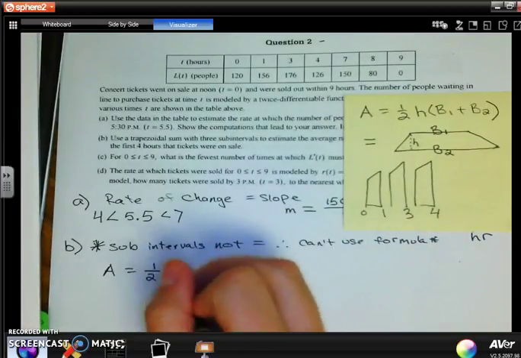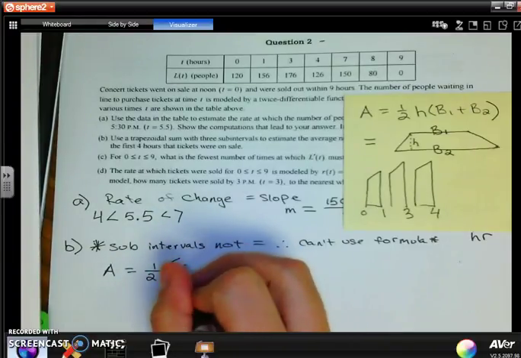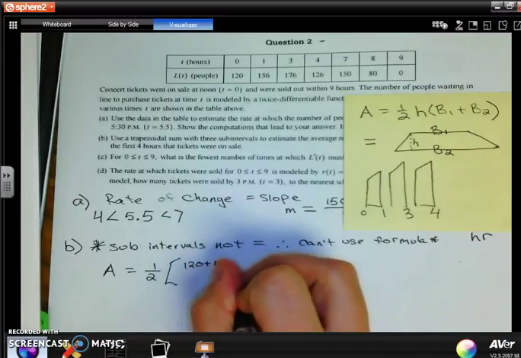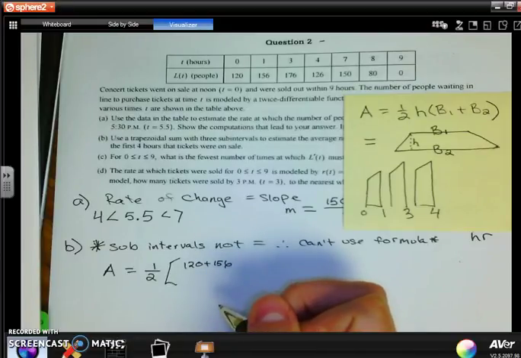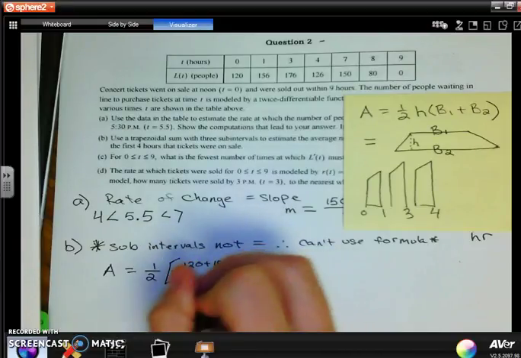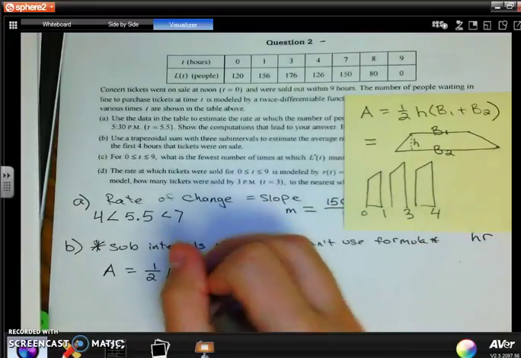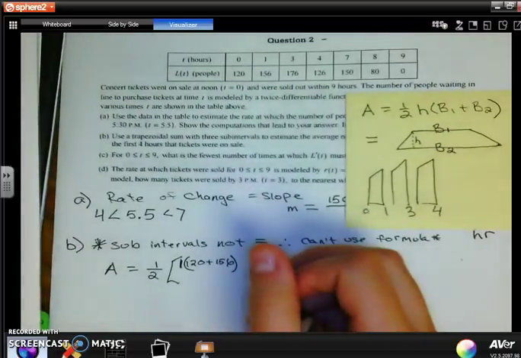So it'll be 1/2, okay? And then I'm going to have 120 plus that 156, okay? And then that's going to be multiplied by the height. Well, the height from 0 to 1 is just a 1. I guess I could have written that a little lower, sorry.